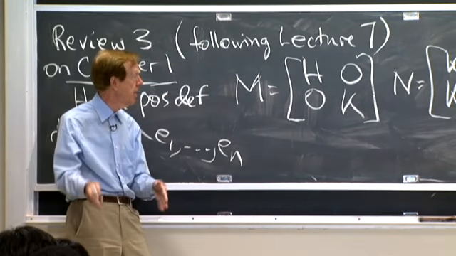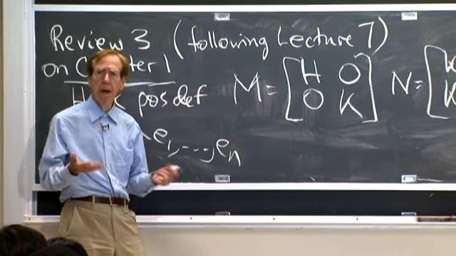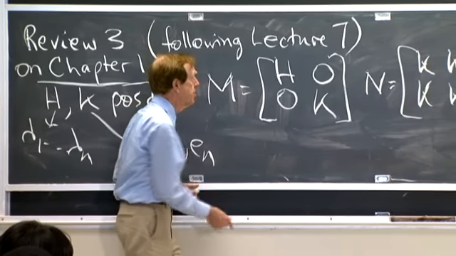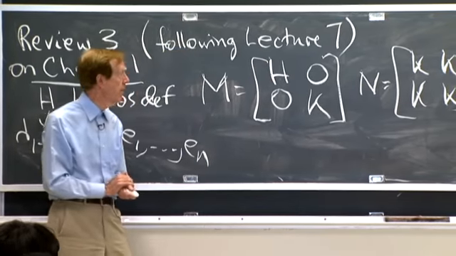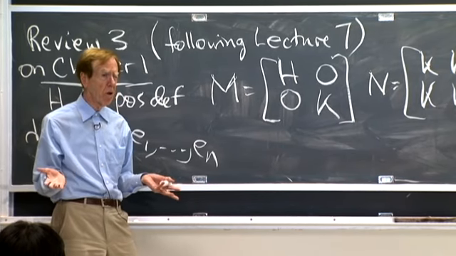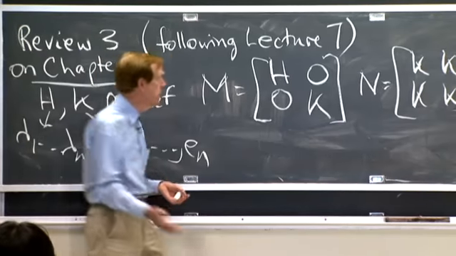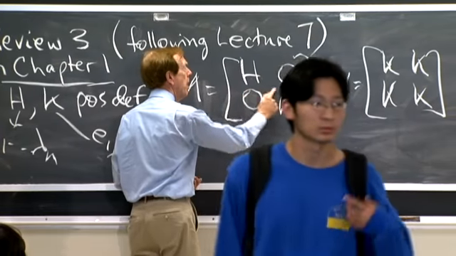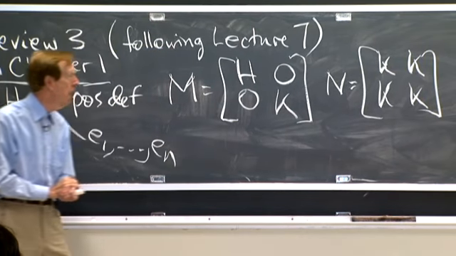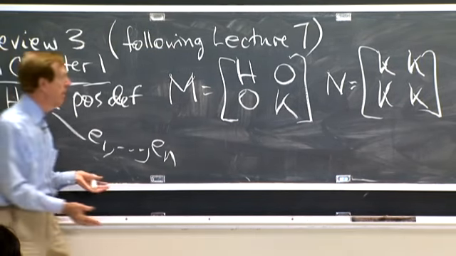If I start elimination on M, what will I see for pivots? Well, I start in the usual left-hand corner and work down. So what am I going to see first? I'm going to see the pivots of H. By the time I get halfway there, it won't even have seen K. And that'll be fine.